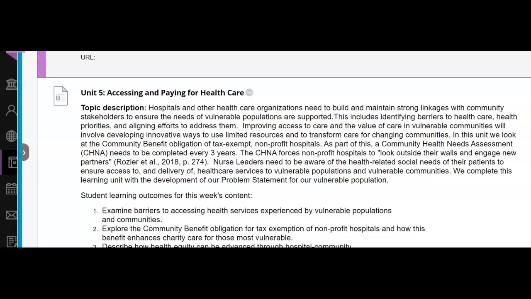Even the Joint Commission now, as of January 2023, has specific requirements for hospitals to decrease their healthcare disparities, and they speak to the barriers to healthcare.